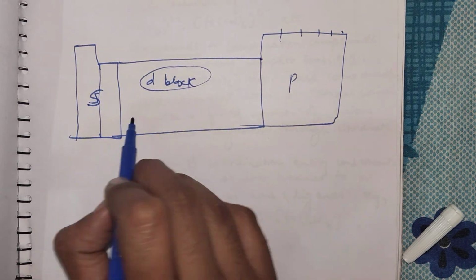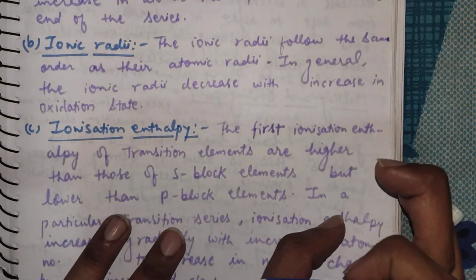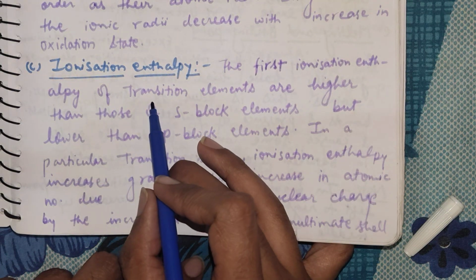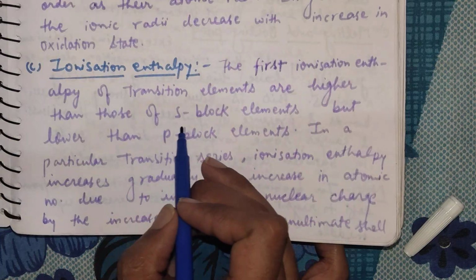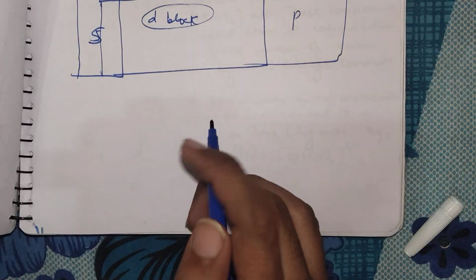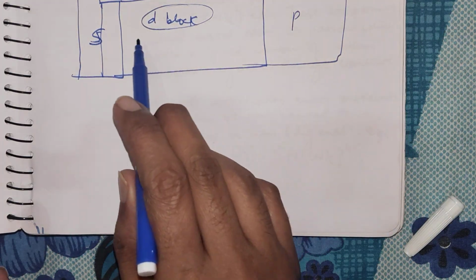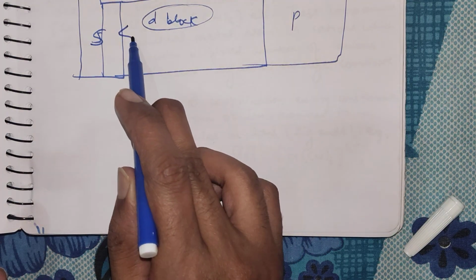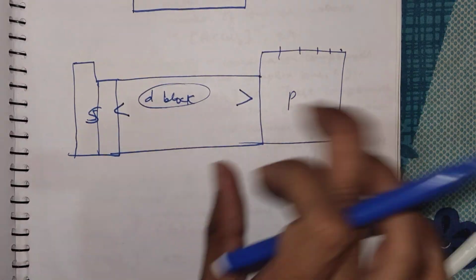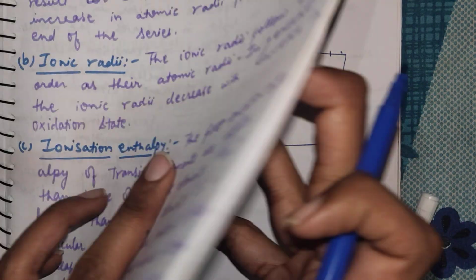So in d block elements, the first ionization enthalpy of transition elements is higher than that of s block elements but lower than that of p block elements. Means these lie in the middle. Ionization enthalpy higher than s block elements but lower than p block elements.